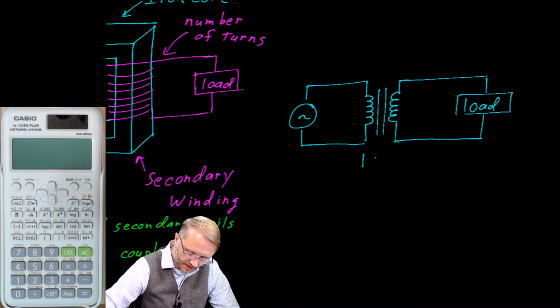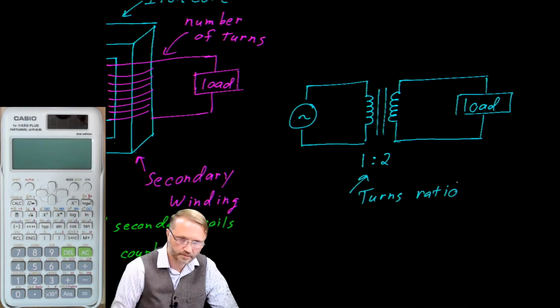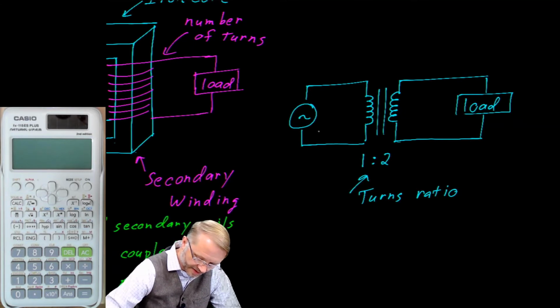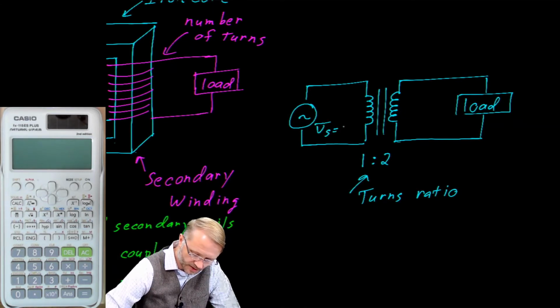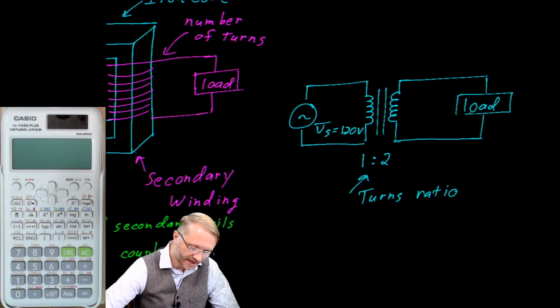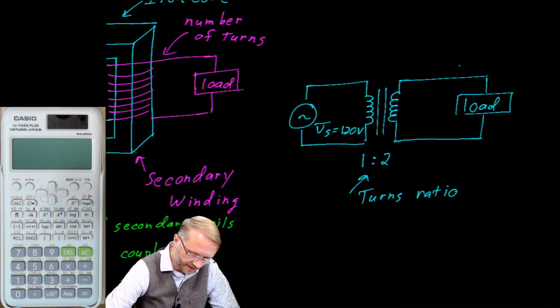We can talk about the turns ratio. For example, if this particular transformer had an input voltage of 120 volts, we could expect the output at the load here to be 240 volts.